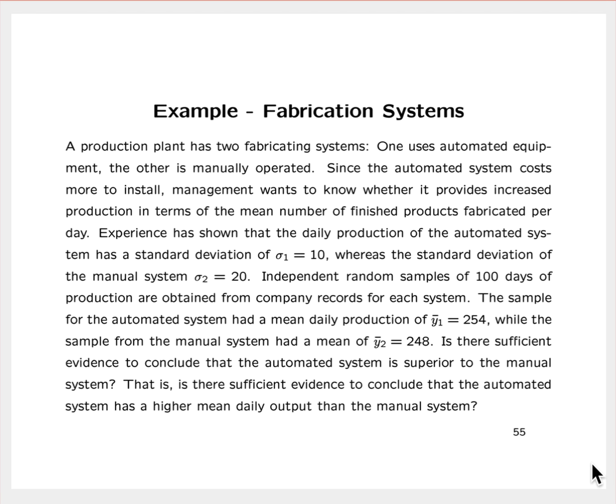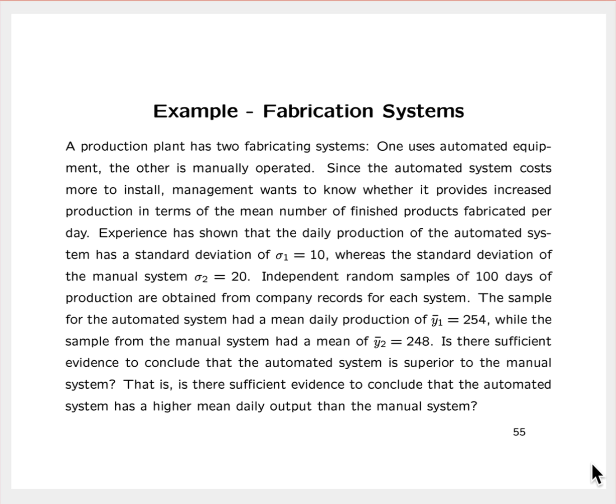Independent random samples of 100 days of production are obtained from company records for each system. The sample for the automated system has a mean daily production of y bar 1 equal to 254 units, while the sample from the manual system has a mean of y bar 2 equal to 248 units.